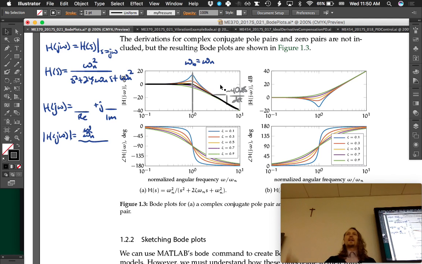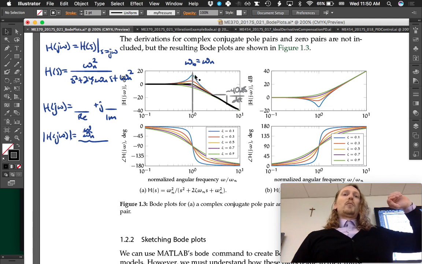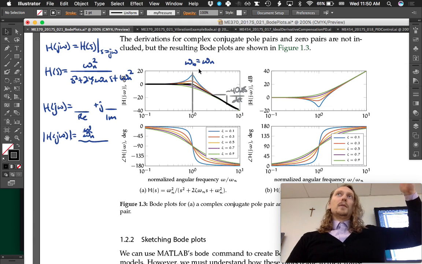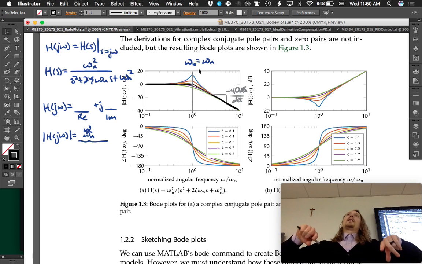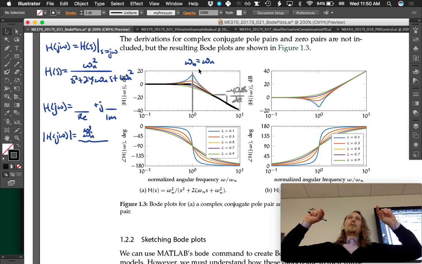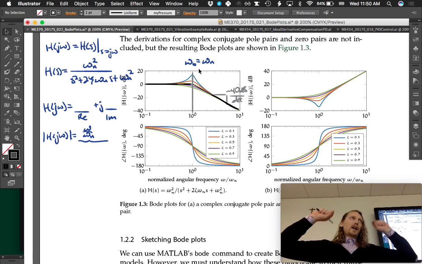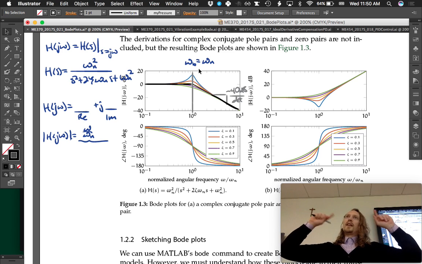So let's go back to Jordan's question. What does this mean physically? This means that at this break frequency, which is the natural frequency of the system, if you have low damping, if you drive it with a sine wave at that natural frequency, the output amplitude is going to be larger than the input amplitude.